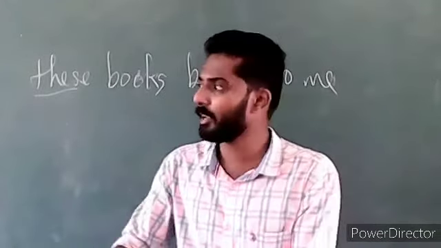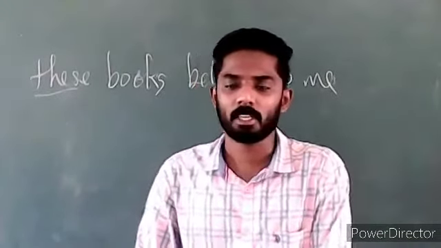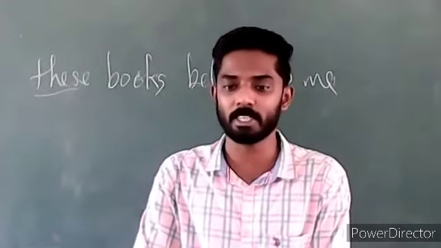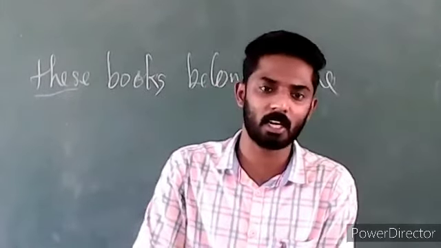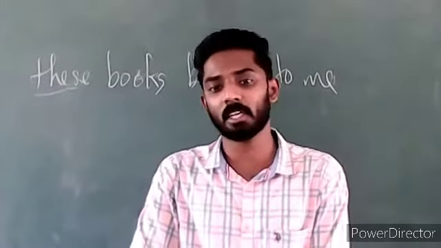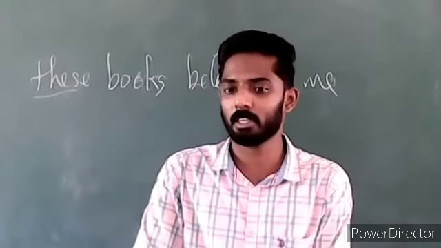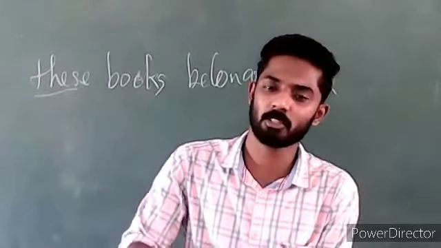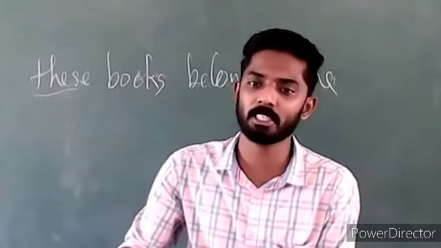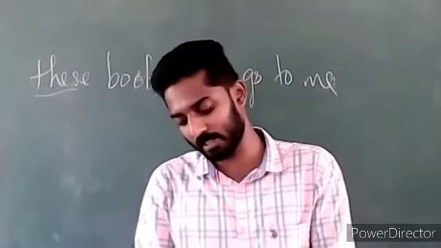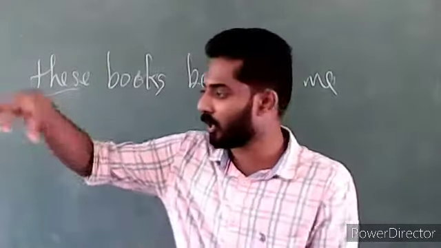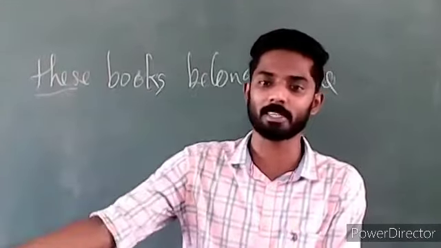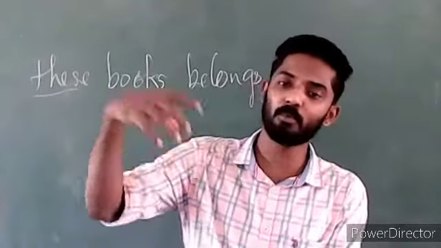So if an adjective is used in a sentence, we cannot use a determiner soon after that. But with the help of a determiner, we can use adjectives. Determiners can be followed by adjectives.